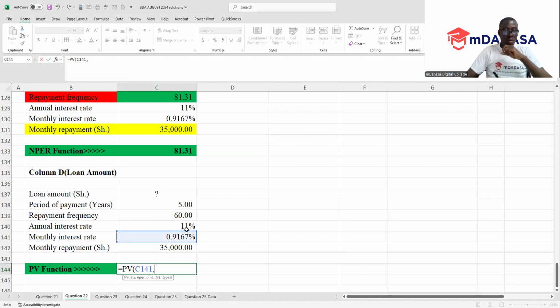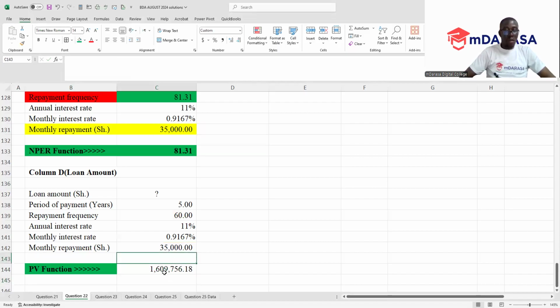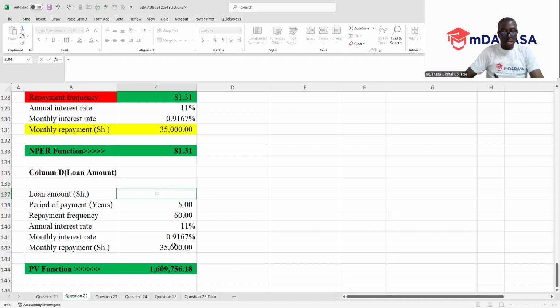Number of periods, we are talking about 60 months. Amount that I'll be paying, 35,000, so we have minus 35,000. Or simply you can take it directly there. So that at the end of the day, the loan value that we should be taking for me to pay in 60 months, with a repayment value of 35,000 per month, is what we should be having here.